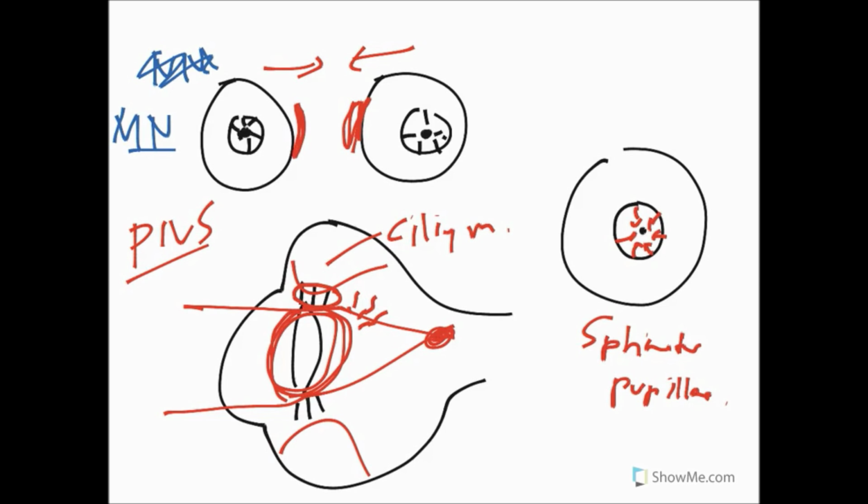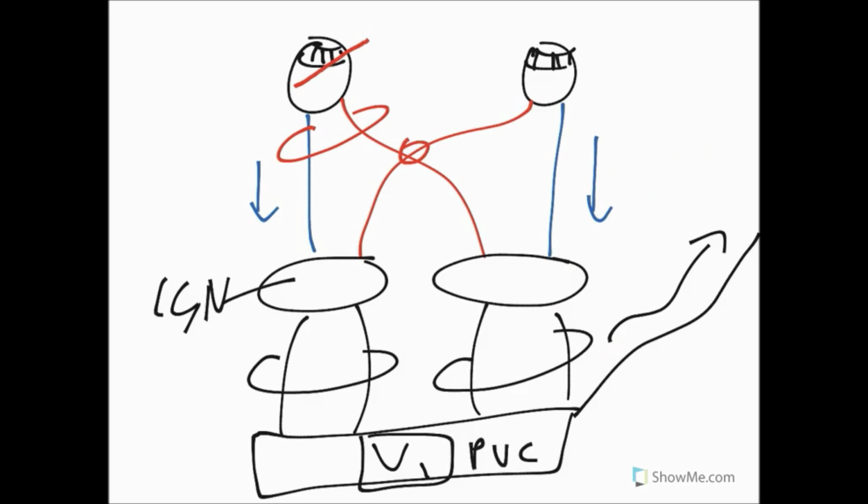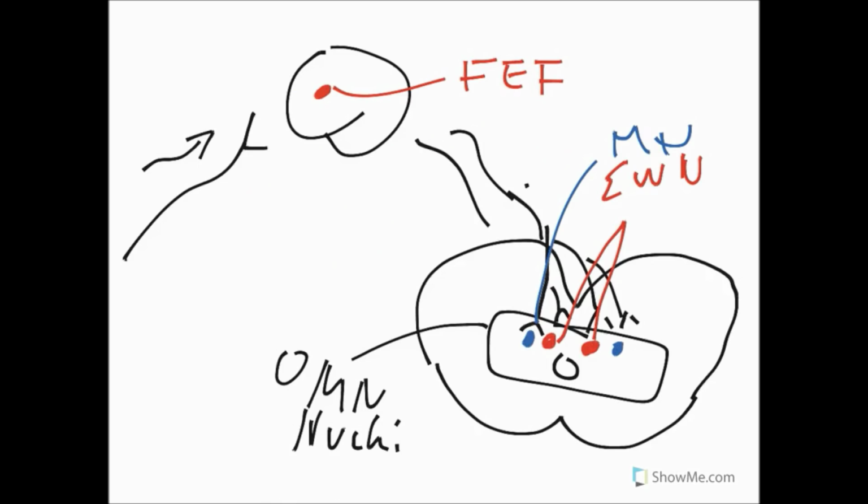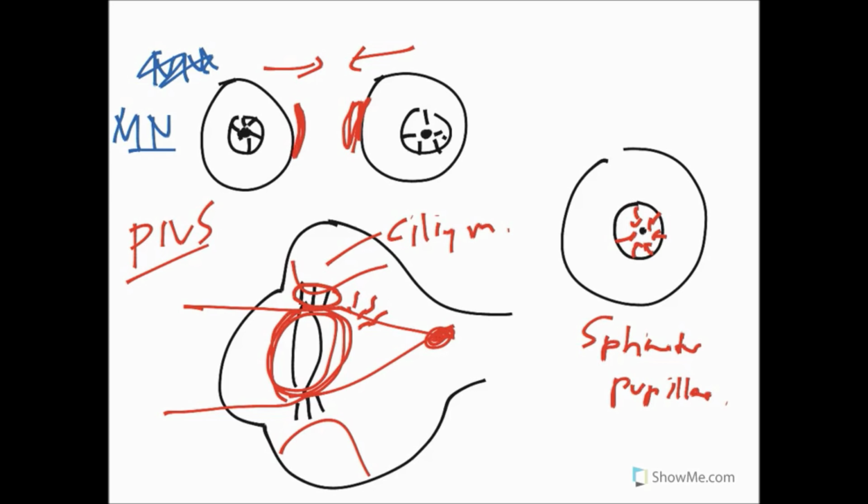So, just to recap, the image source hits the retina, and this is still a blurry image, but nonetheless it will go through the visual pathway, and it's going to get carried via the white matter tract into the frontal eye field, which will then synapse at the oculomotor nerve nuclei, which will then supply the extraocular muscles supplied by the oculomotor nerve, most notable of which is the medial rectus muscle, and this will deviate the eyes medially.